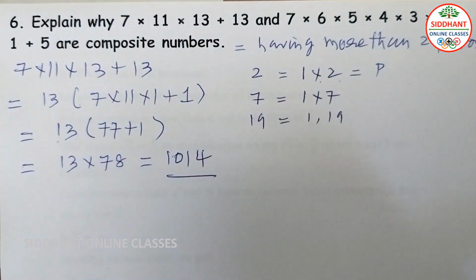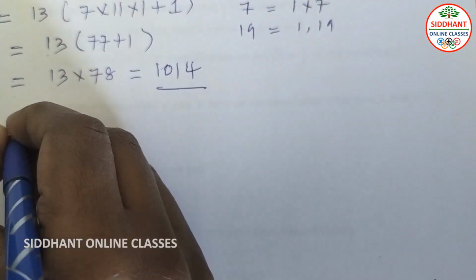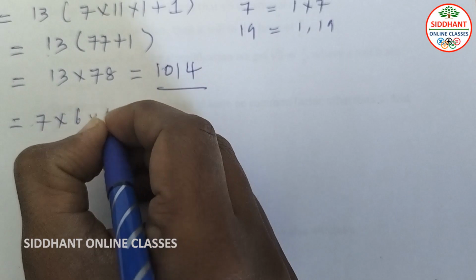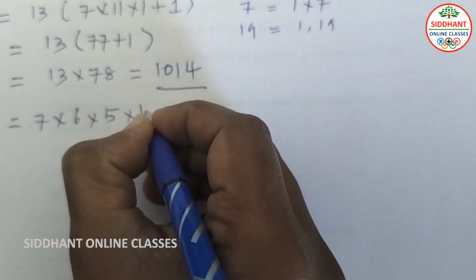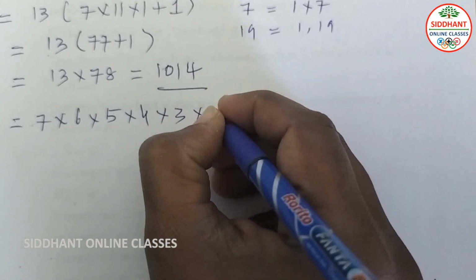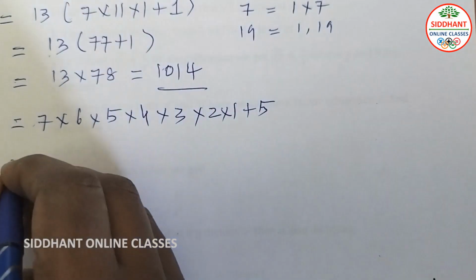In the same way, another number, that is 7654321 plus 5, we will check. That means 7 into 6 into 5 into 4 into 3 into 2 into 1 plus 5 here.